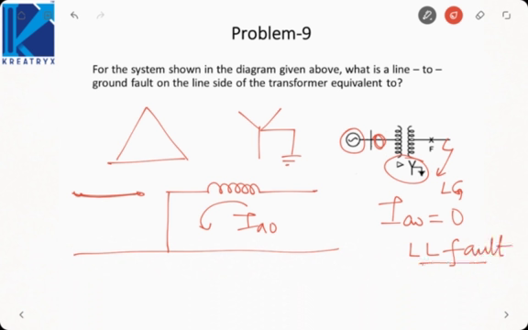So from generator perspective, it will seem that the line to line fault has occurred in the system, due to which no zero sequence currents are flowing. Hence, if we refer the LG fault on the generator side, it will become line to line fault. So here you just have to observe the sequence currents from the generator side. Based on the sequence current on generator side, we can judge the type of fault.